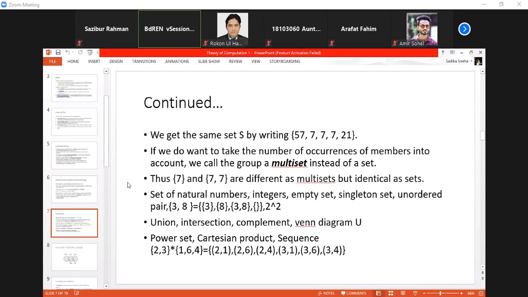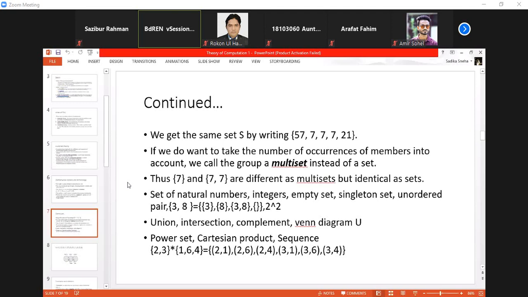And one sequence is not same as the other, because with all the members of the same set in a different order, the two sequences are not same. And in a sequence, they are represented using only first brackets. There is no second bracket.